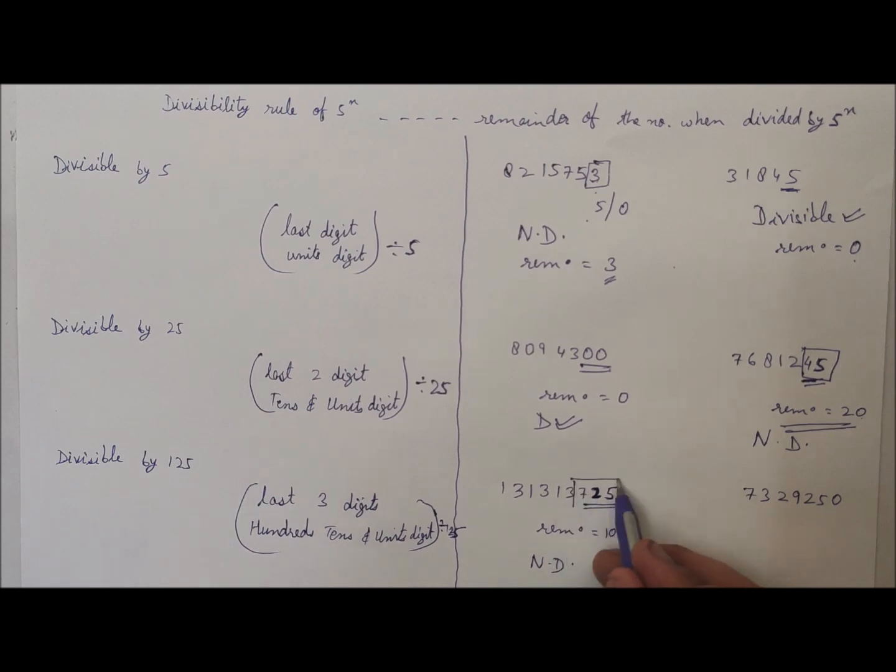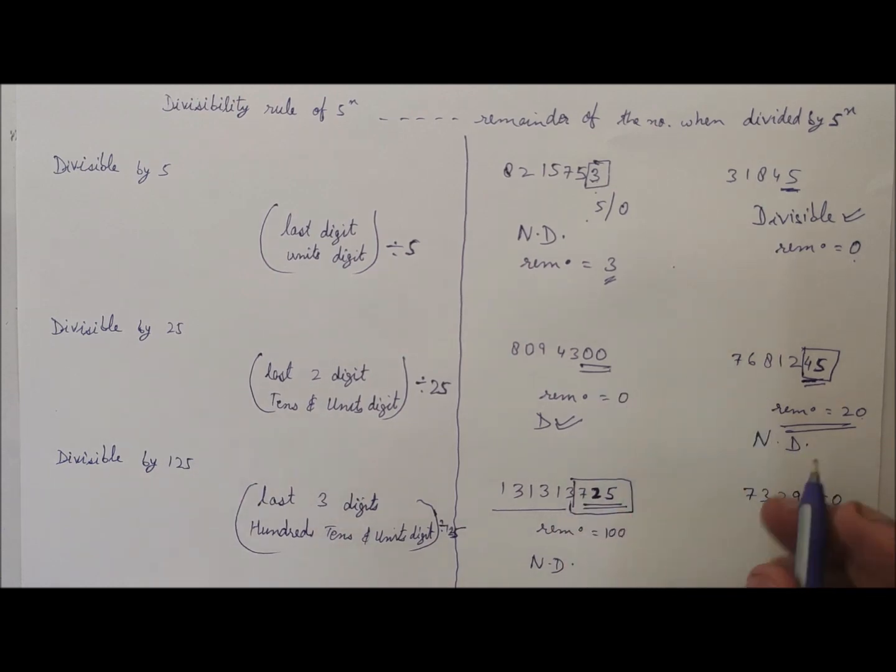We don't want to bother ourselves with what is in front. We just need to consider the last 3, 2 or 1 digits for 5 to the power n. Similarly in this example, 125 times 2 is 250, the remainder would come out to be 0. So it is divisible. So that's about the divisibility rule of 5.